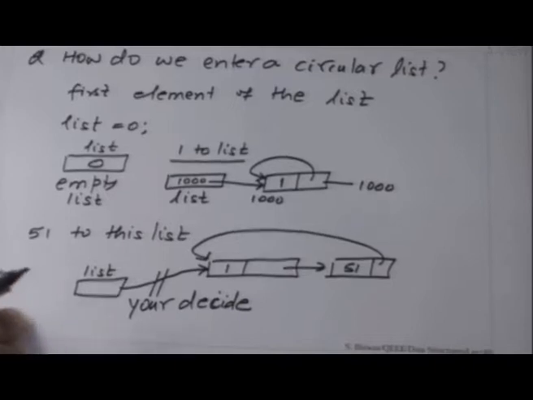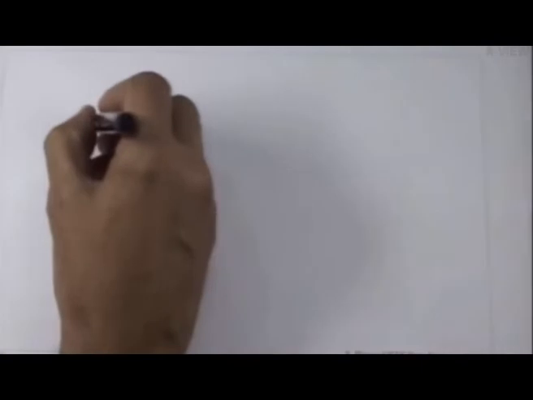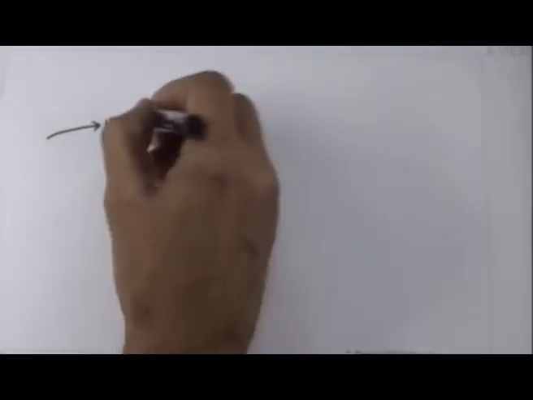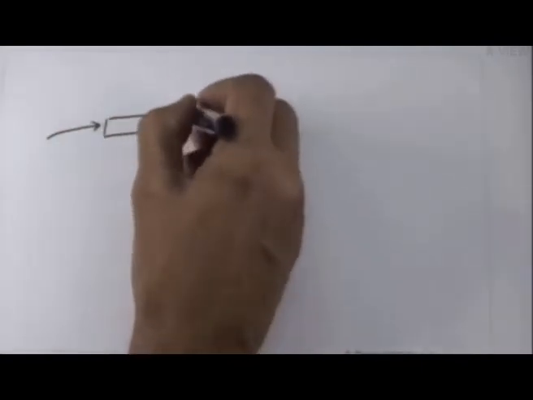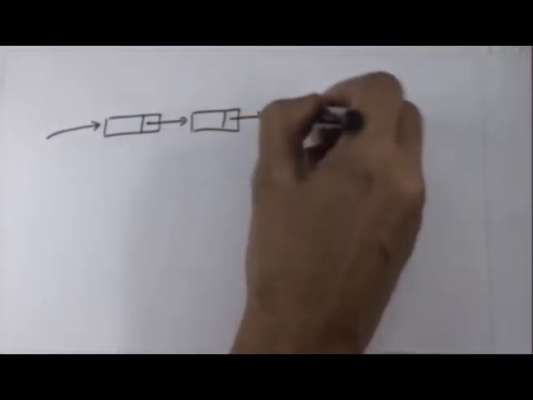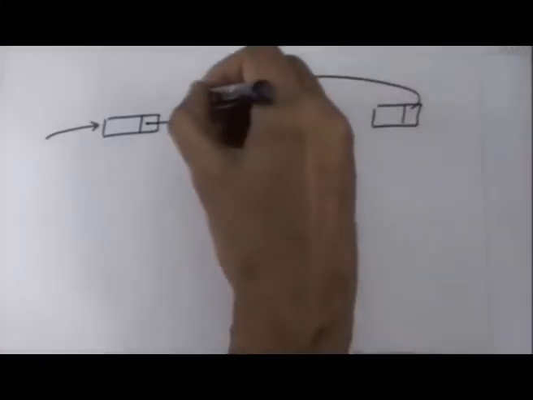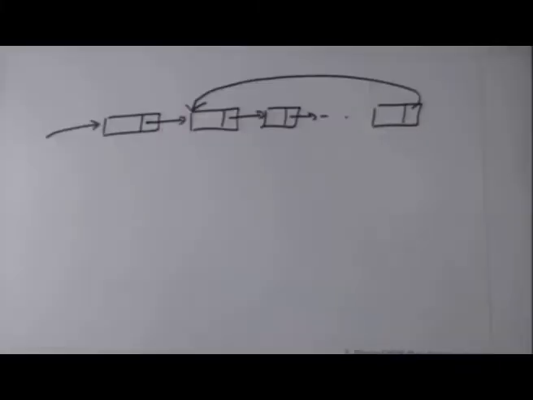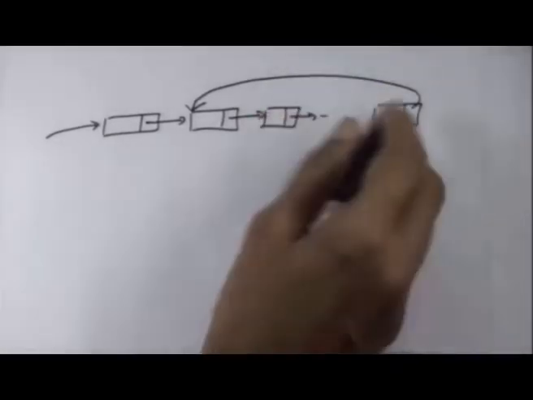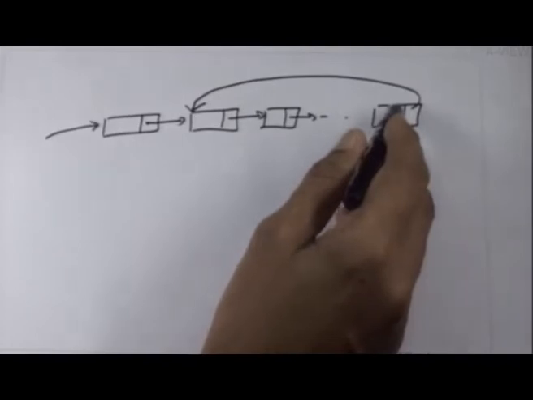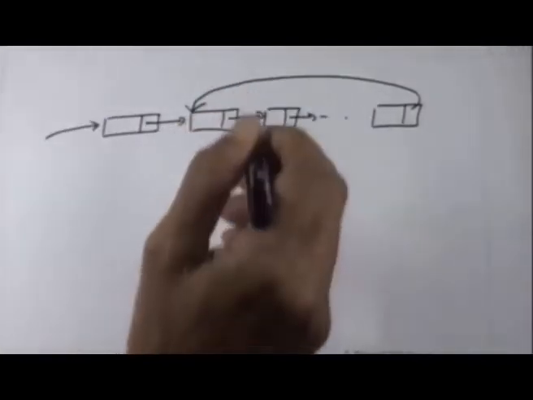An academic question, I don't want you to waste your time. What would you think this linked list will look like, which is also circular? So I have drawn a hypothetical figure in which there is a circular list, but the circular list does not contain all the elements.